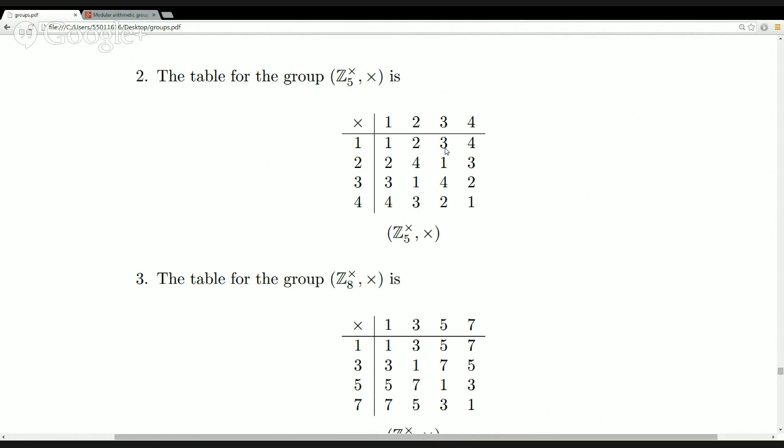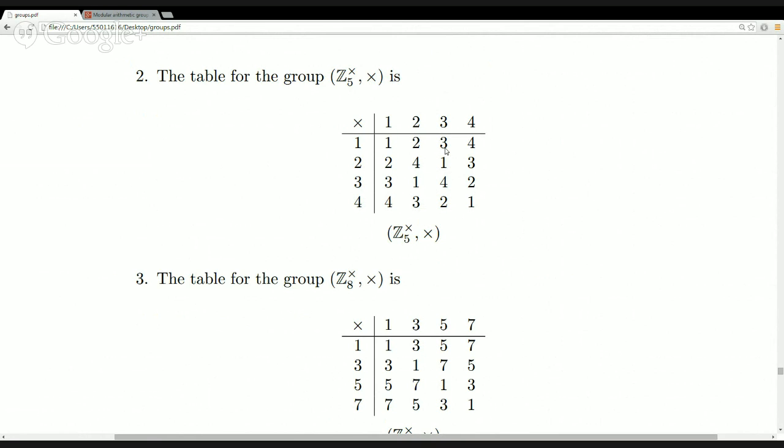Now notice that Z5 is also generated by 3. So 3 is also a generator. Is 4 a generator? Well, no, because what are the powers of 4? 4 to the power 0 is 1. 4 to the power 1 is itself, 4.